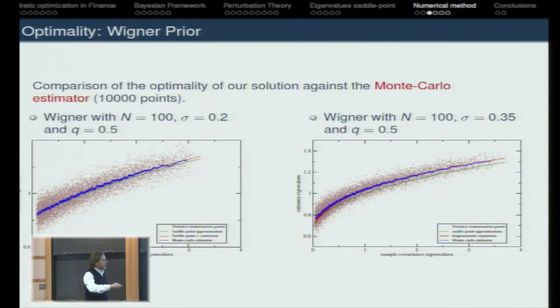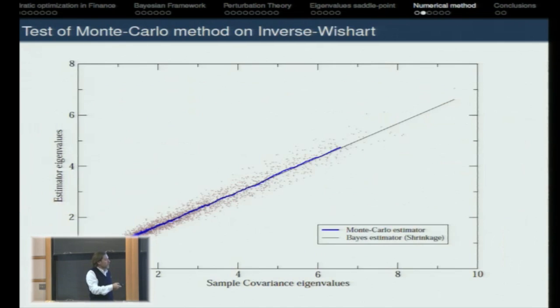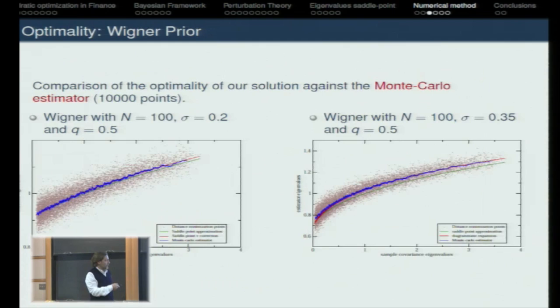If you measure a very high eigenvalue, this technique says, if you have a Wigner prior, don't trust it, get it closer to 1, and that's because the Wigner prior doesn't have tails at all. It's a semicircle identity. So if you see a very large eigenvalue, it's probably noise, so you want to shrink it back to the center, closer to 1. This is why these priors are not very realistic in our data. Wishart has the same characteristic; it's concave. Inverse-Wishart is really linear, which is better than these.